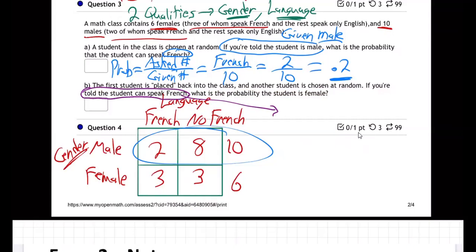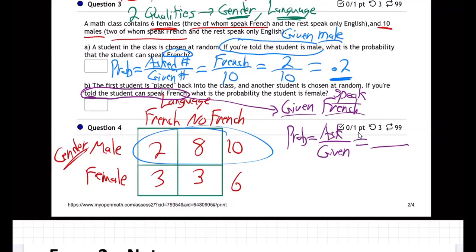We're told, when you're told something, like if I told you they were on a soccer team, that's given information. So the probability, the bottom is going to be what you're given, and the top is whatever they're asking you for.